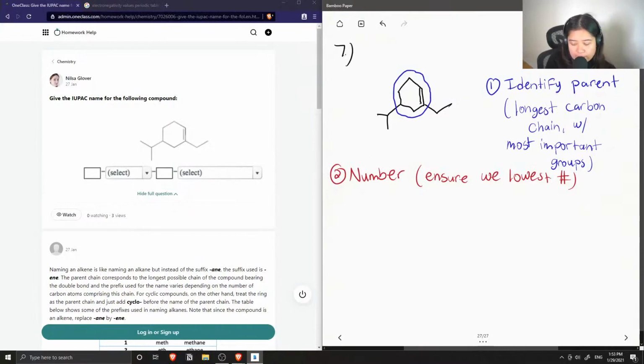So I'm going to start numbering from here. So this is carbon 1, 2, 3, 4, 5, 6.